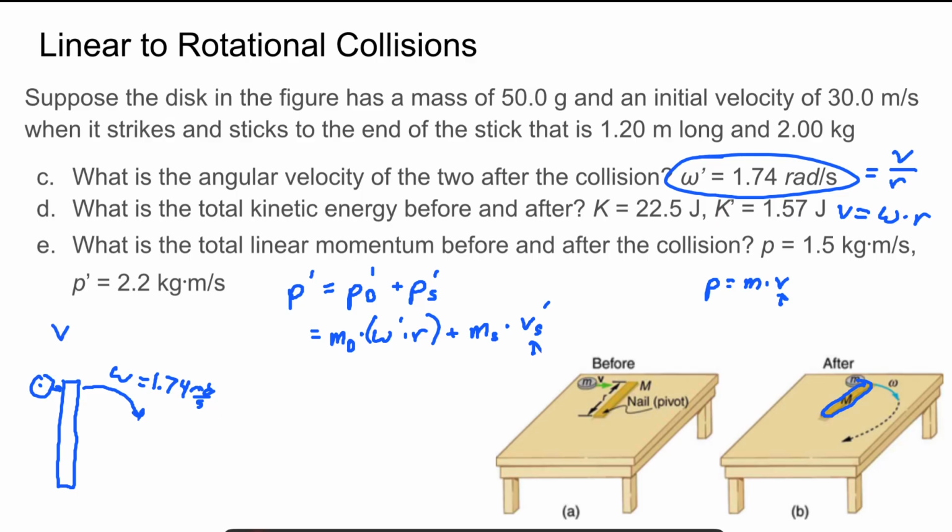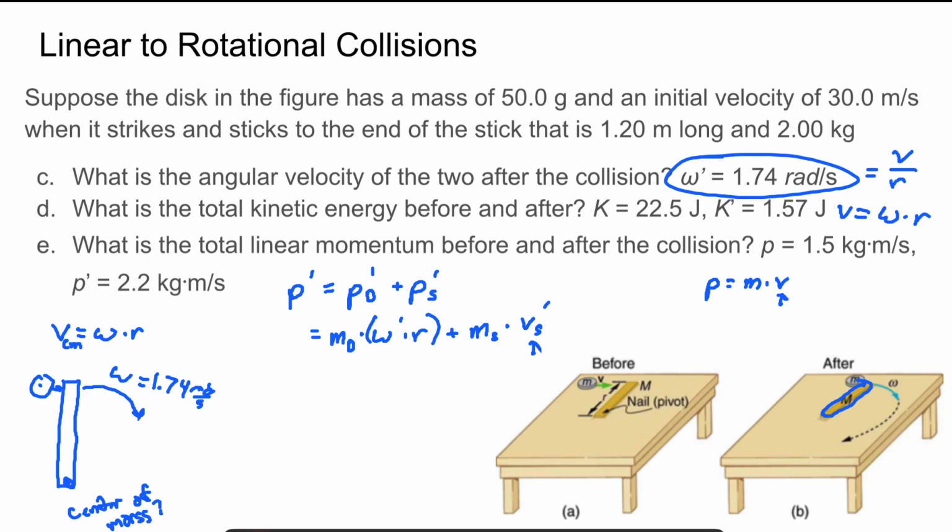Of course, our velocity, as we already talked about, equals our angular velocity times our radius, right? But for translational velocity, we're worried about the velocity of our center of mass. So what is happening with the center of mass as we rotate around that pivot point on the end of the stick?